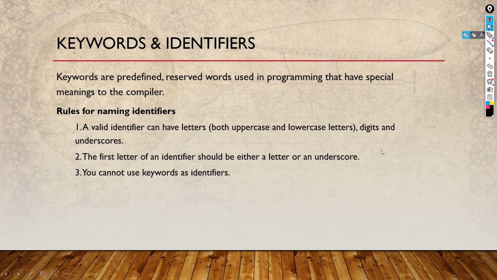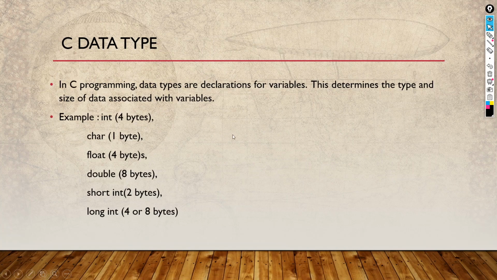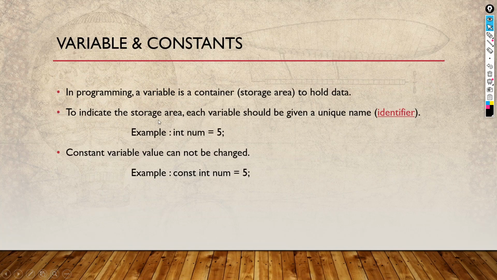So here in int, it is the variable name, so you cannot write 2num as a variable name because the first letter should be an underscore or an alphabet.